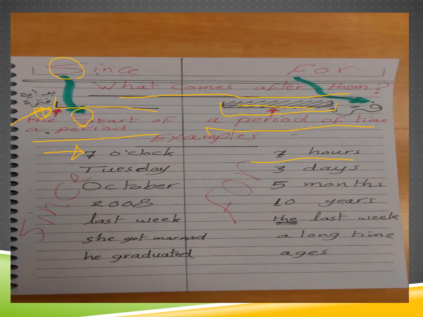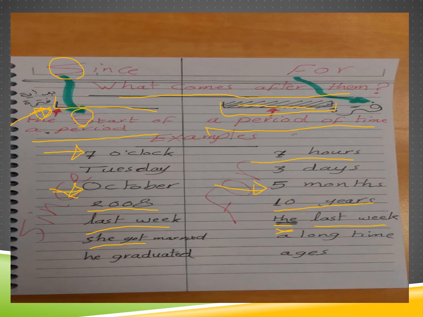And the same with October. This is the start of a period. And 5 months, this is the whole period. So since October, for 5 months, since 2008, for 10 years, since last week, for the last week.